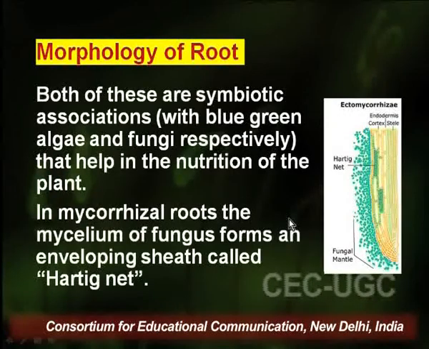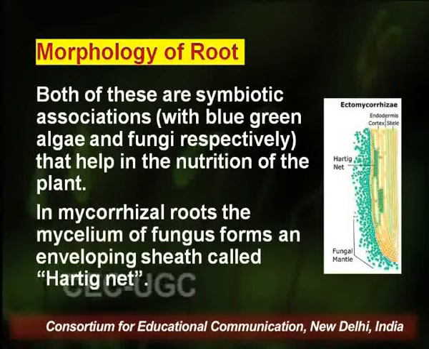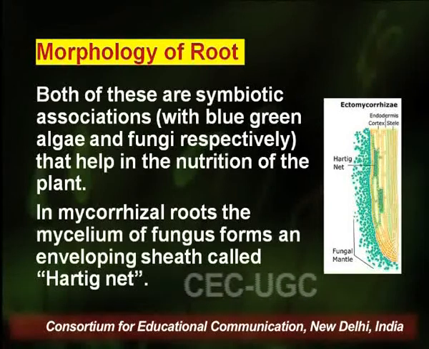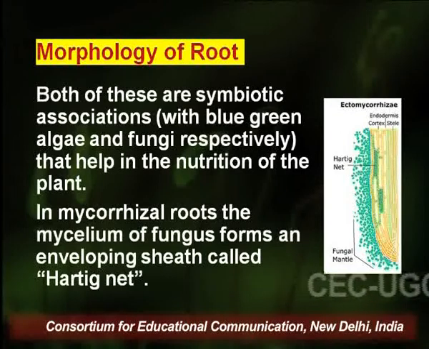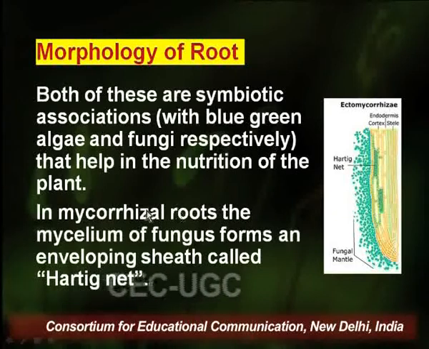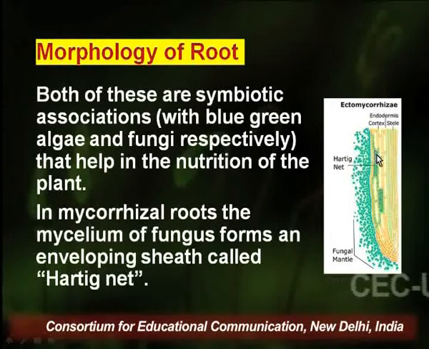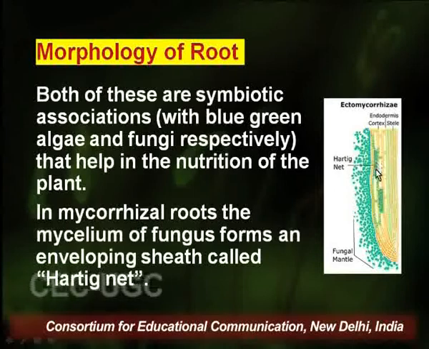Both of these types of symbiotic association, that is with blue-green alga and fungi respectively, help in the nutrition of plants. In those roots where there is a symbiotic association with fungi, that is mycorrhizal roots, the mycelium of the fungus forms an enveloping sheath which is called Hartig net.